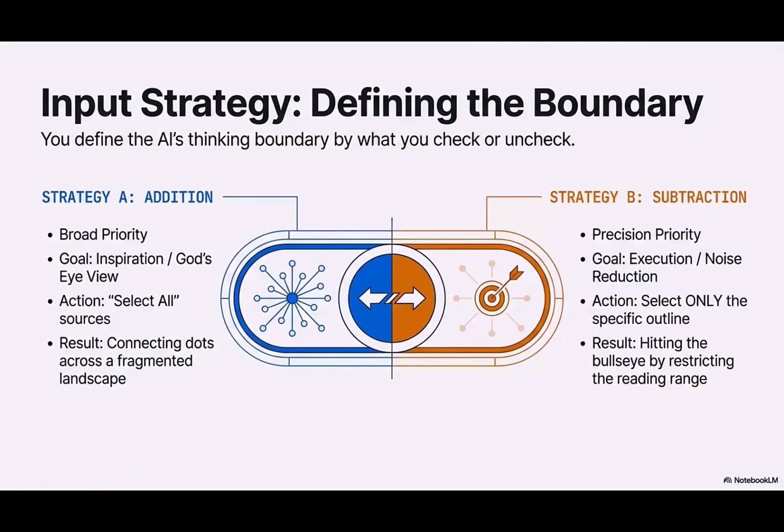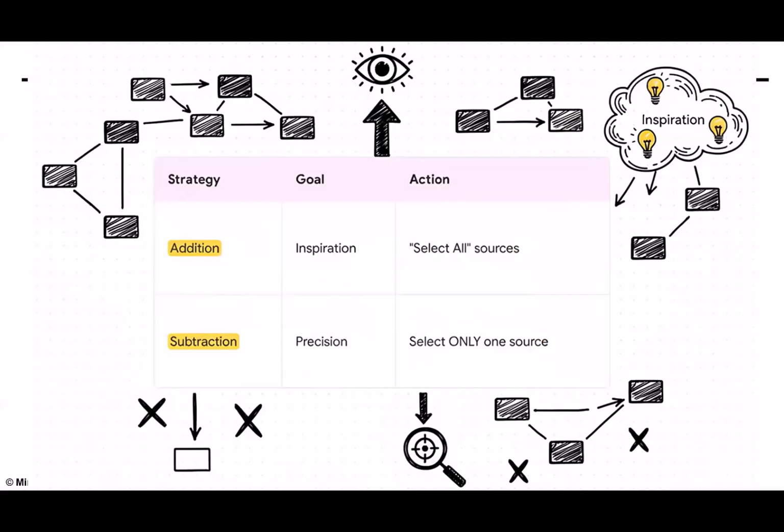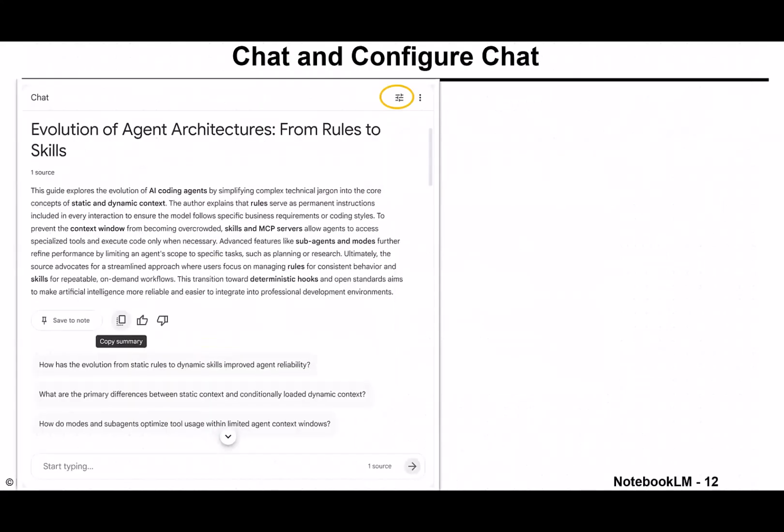When I demonstrate this, although you have like 3 sources, you can select only one to produce something, or select 2 to produce something, and they can connect the 2 documents, the 3 documents or more. I think you can upload maybe up to 50 different sources with certain size. And in the middle chat area, there's a setting.